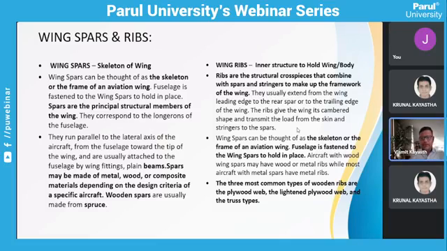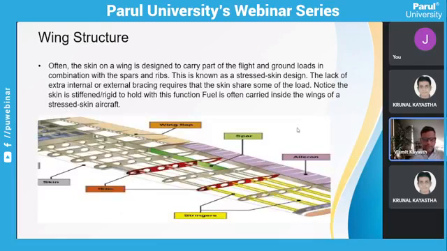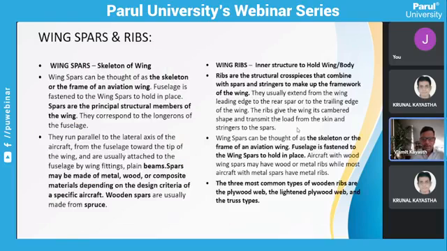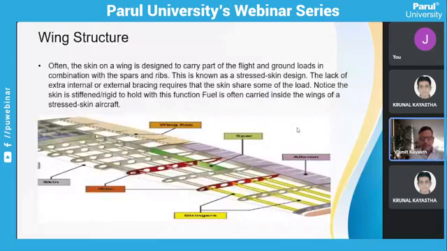Okay, and talking about the ribs, that is the inner structure that binds the wing all together. Ribs are shown over here, that is the red one. Okay, they do hold the spars in position as well as strengthen the skeleton of the wing.